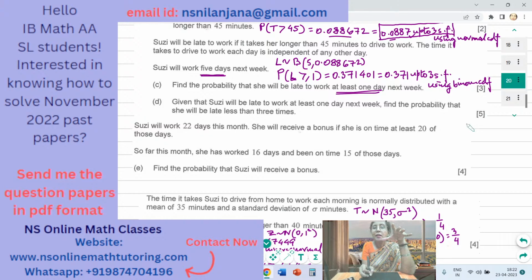That would be the best option. But in case you don't have much time, even then you should be writing at least using binom CDF. How are you coming up with this answer? You have to give that justification. So this is the answer for this subpart C.